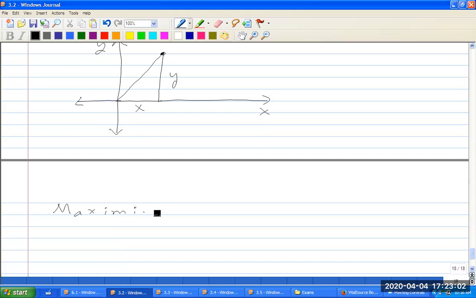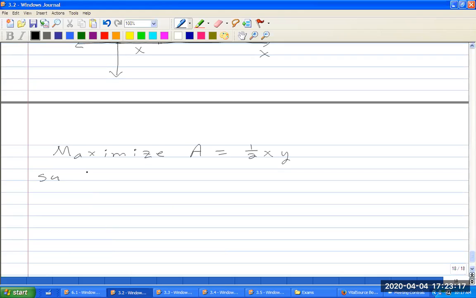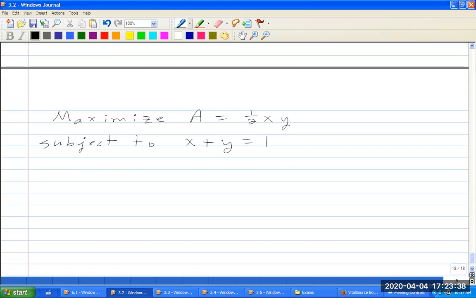So I want to maximize the area, 1/2 base times height, subject to the constraint that this point is on the line. The line has the equation x plus y equals 1. Just like before, let me solve for y.